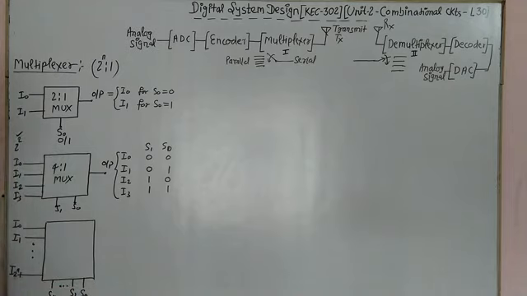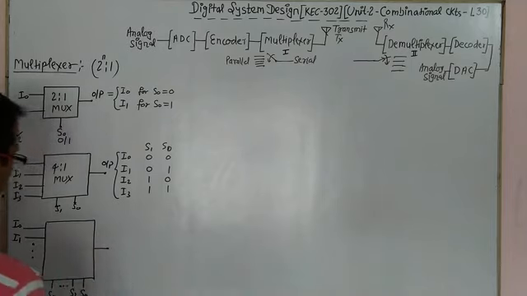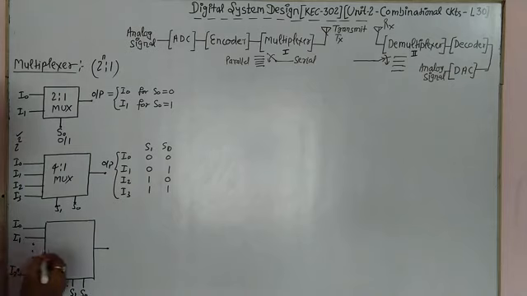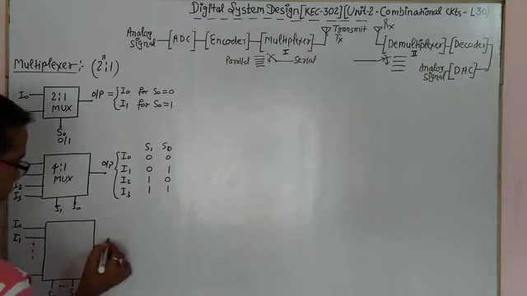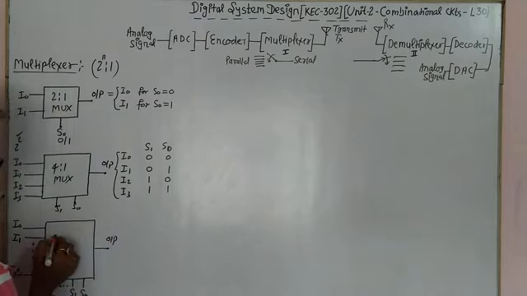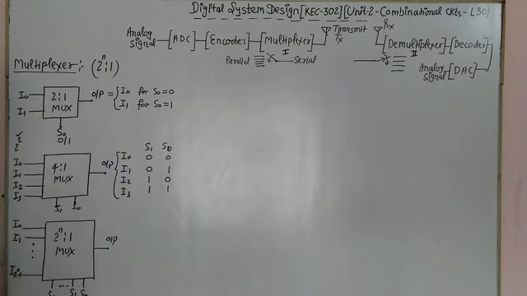N select lines. Using these n select lines, we will choose the inputs and transfer them to the output. So this is 2 to the power n to 1 mux. This is the concept of multiplexer.